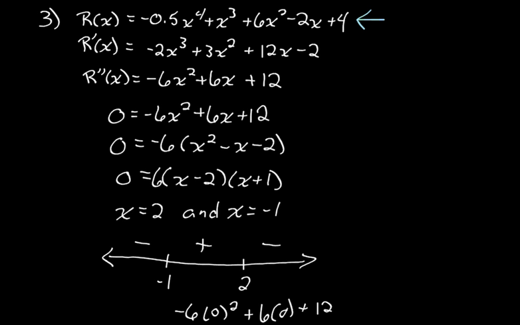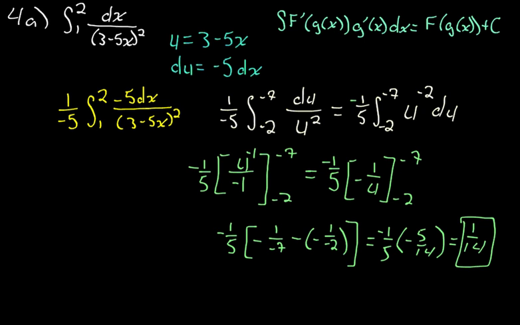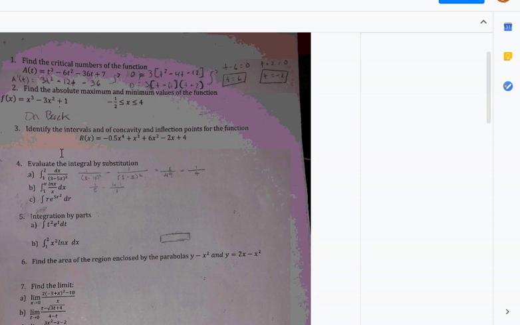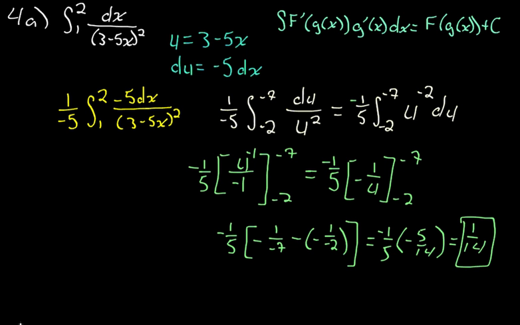Next, we have some integrals. The directions for this one were to evaluate the integral by substitution. They give you that, by substitution, to kind of lead you in the right direction and help you. Basically, when we're doing integration by substitution, we're undoing the chain rule.